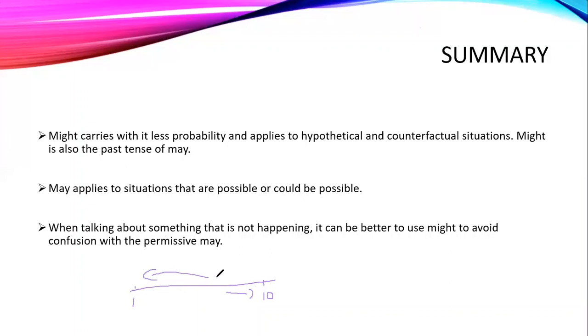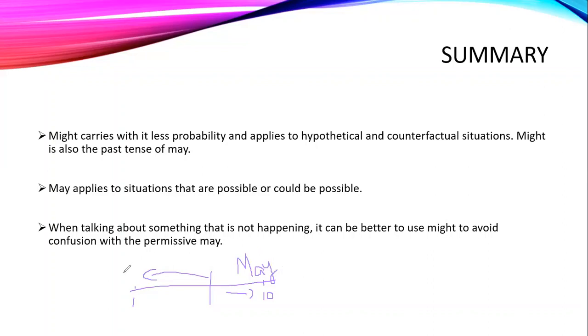So might is used to talk about things which are hypothetical, which are not factual, which are less probable. Whereas may is used for things which are probable, which are possible.